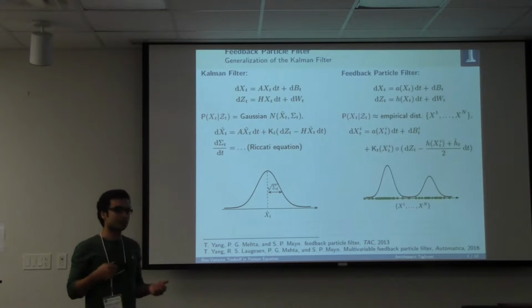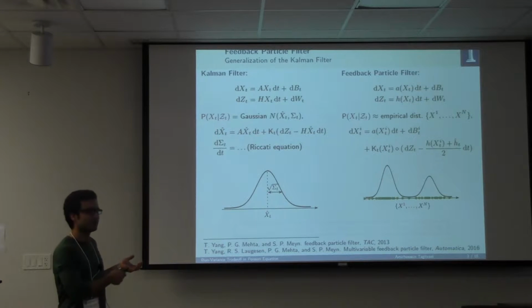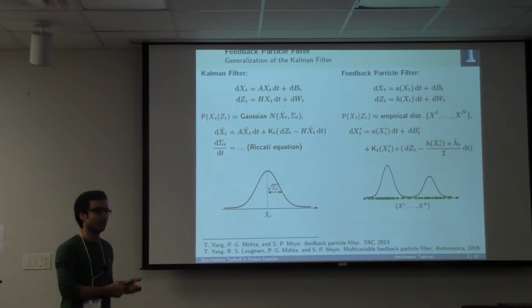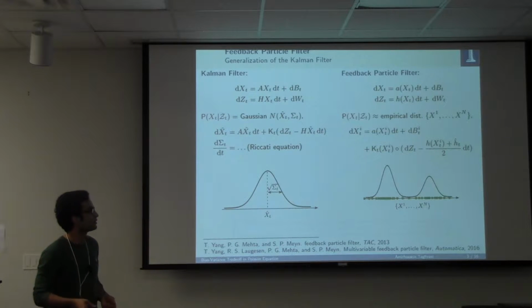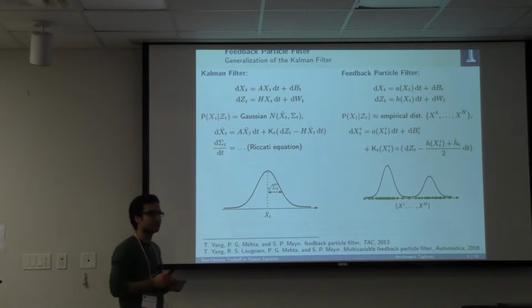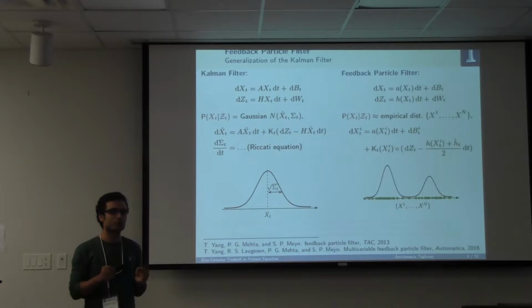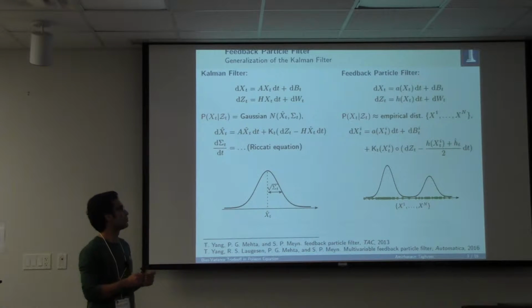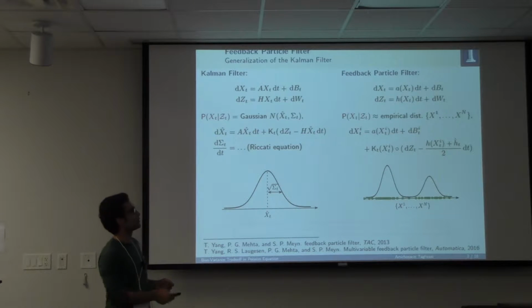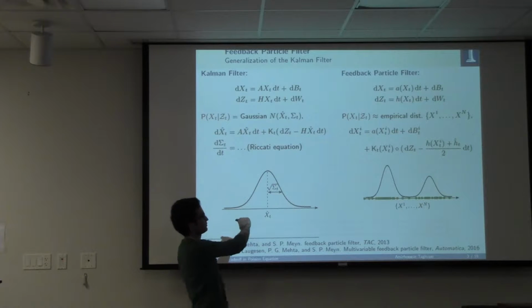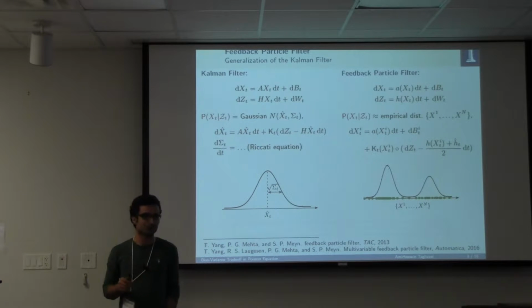So the feedback particle filter can be interpreted as a generalization of the Kalman filter for the nonlinear setting. There, the dynamics and observation are nonlinear. In the nonlinear setting, there is no closed form solution for the posterior, so the posterior is approximated with the empirical distribution of the particles, where the particles are evolving according to this stochastic differential equation.